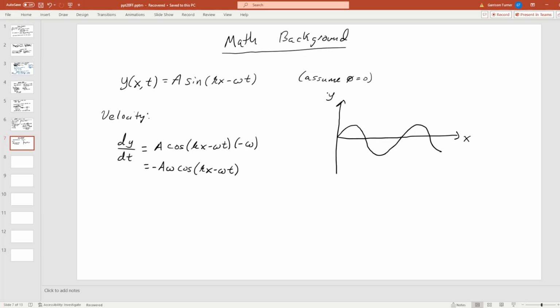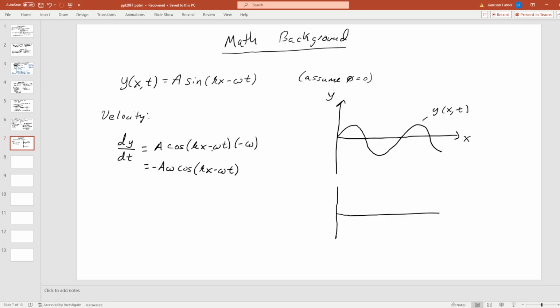Okay, so here is our y function, y of x and t, whereas my velocity function is a minus cosine of this. Remember, your velocity is the rate at which your position is changing.